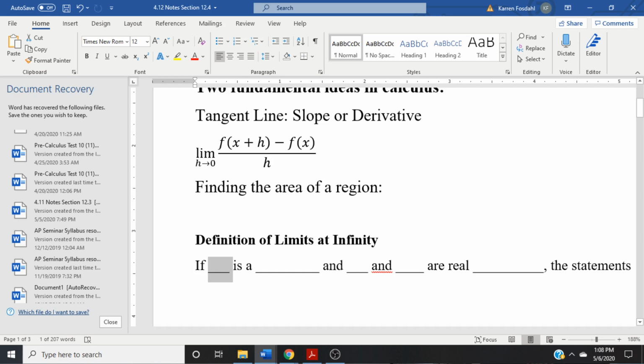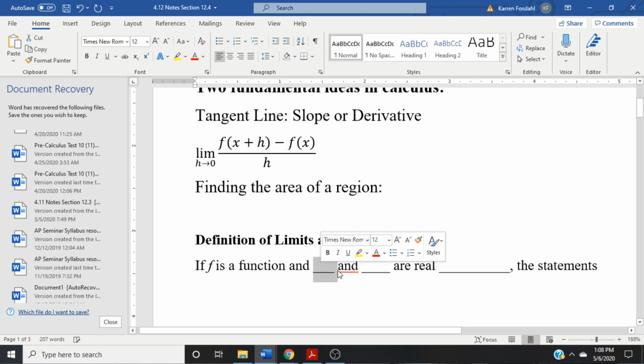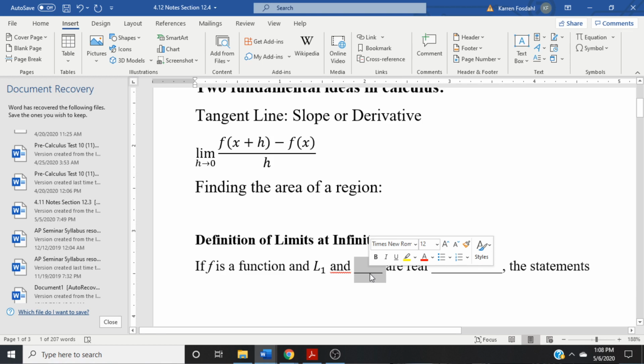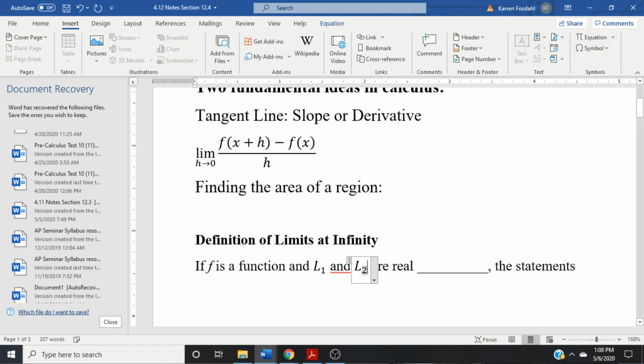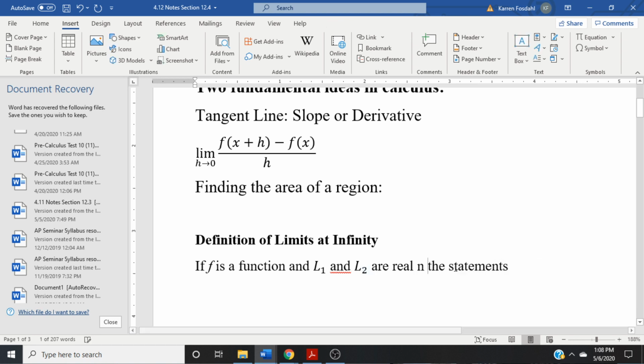So if f is a function and we have some L1 and L2 that are real numbers.